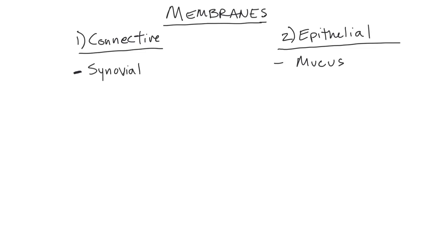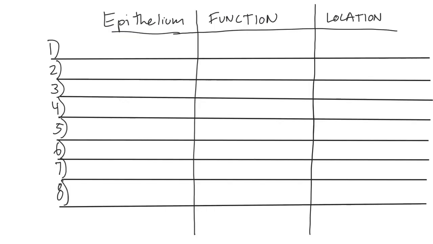It's produced on the epithelial linings, in your nose, in your lungs, in your trachea, that's where it's occurring. There's a couple others, but that's all we'll do for now.